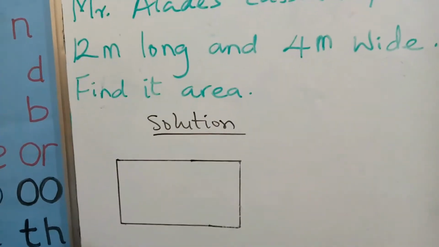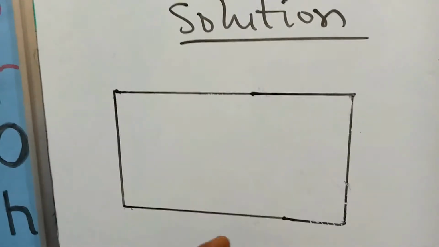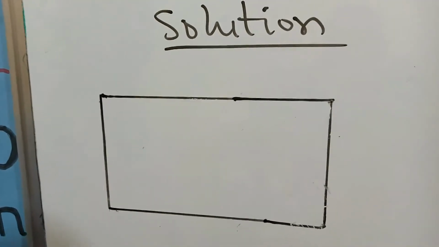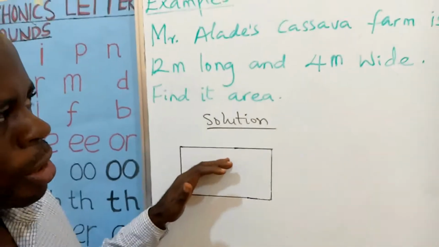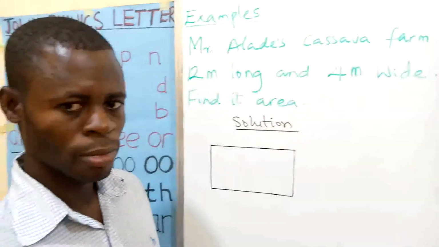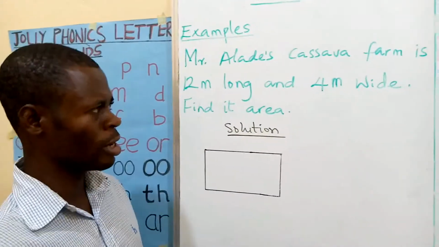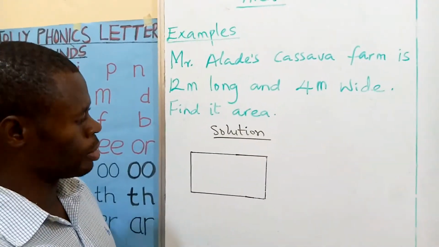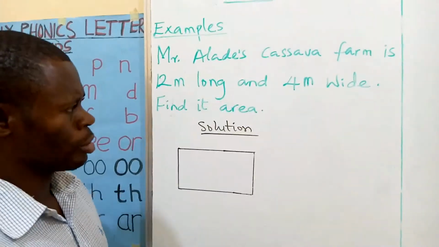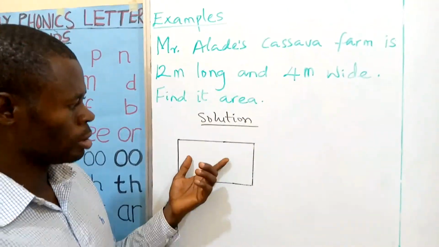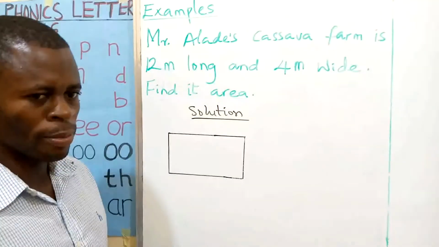Just like I said earlier, in order to solve this question correctly, you have to interpret it by drawing the required shape, based on the question. So since one side of the length is greater than the other, you assume that the shape of Mr. Alade's farmland was what? A rectangular shape farmland.